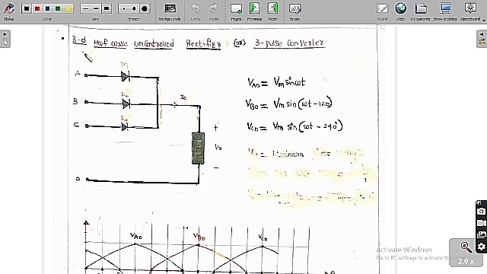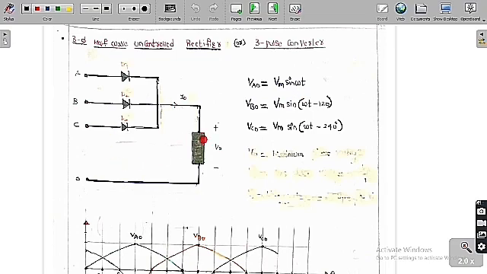Three-phase means we give a three-phase supply. Rectifier means converting AC to DC. So we can simply call it a 3-pulse converter, because in the output there are 3 pulses.